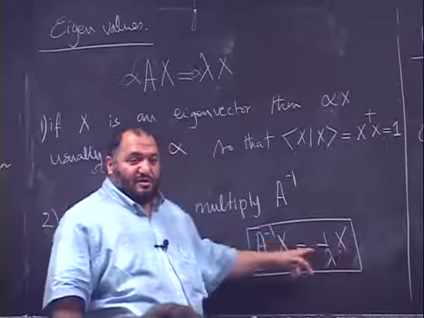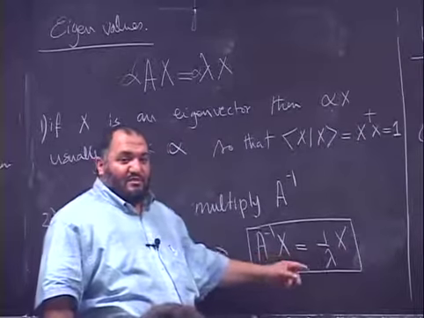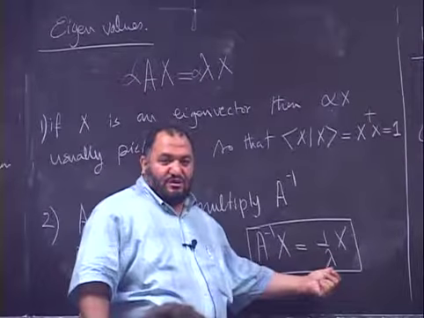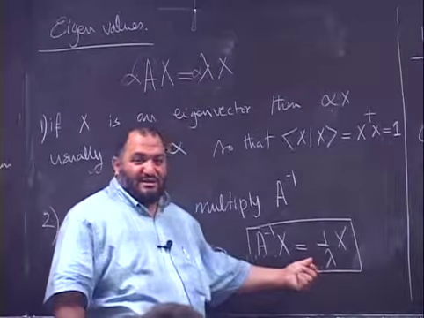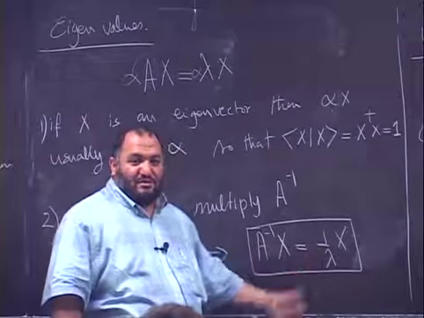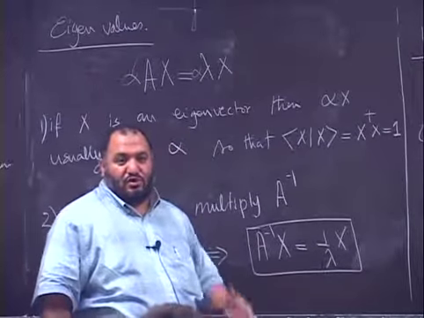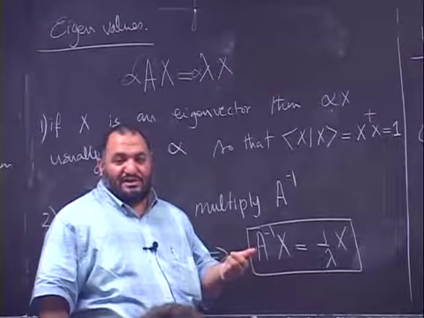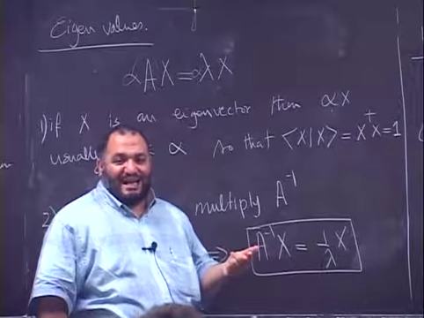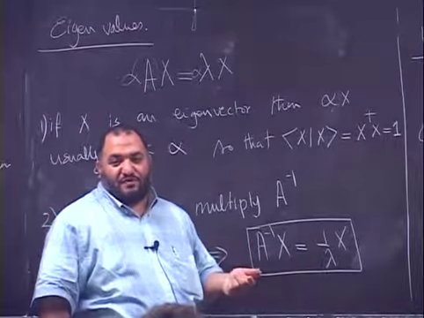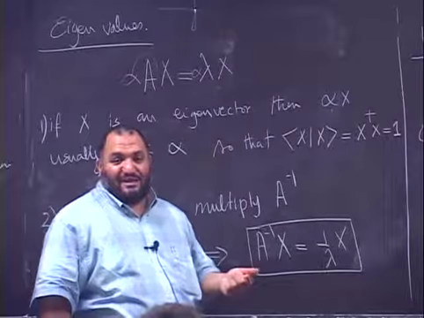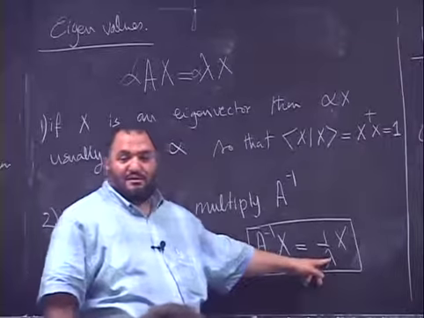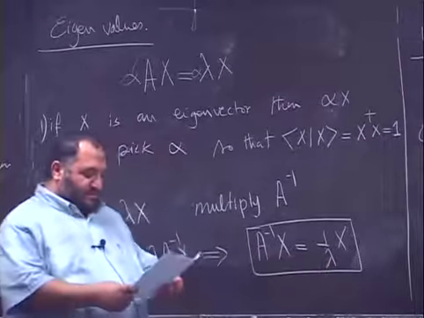So the eigenvectors are the same x. But now for the inverse matrix, the eigenvalues are no longer lambda, but the inverse of lambda. So for a matrix A, the eigenvectors are x and the eigenvalues are lambda. For the inverse of the matrix, you will get the same eigenvectors, but the eigenvalues are inverted.